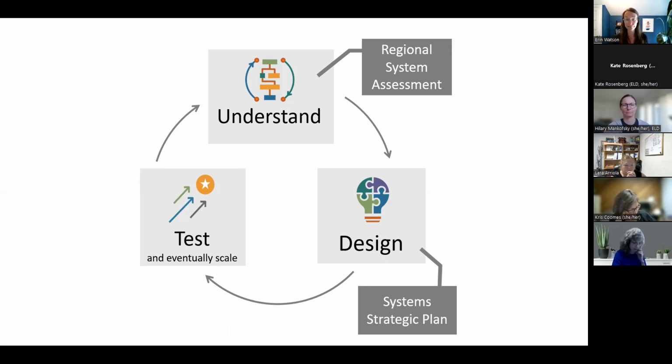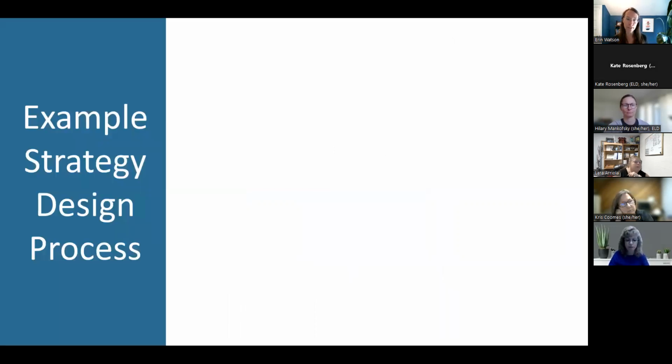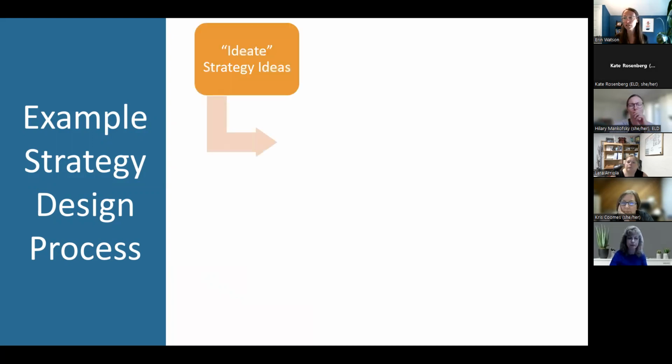Okay, so what does this actually look like? What's a process that you could use to design these strategies for the plan? Here's a really simple process that you see a lot in the design thinking world. There's 4 pieces to it. First, you get lots of different people to ideate, brainstorm, and come up with system strategy ideas grounded in those root causes.